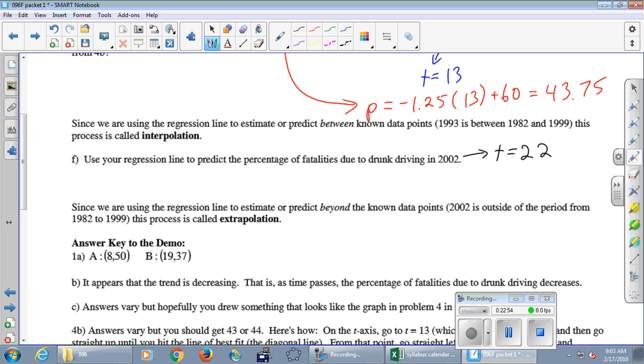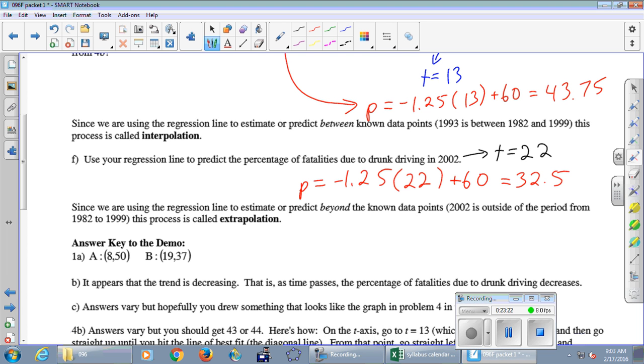And so we're going to do the same equation from the top of this page. P is negative 1.25 times 22 plus the 60. And this is 32.5. So that's our best guess for what was going on in 2002.